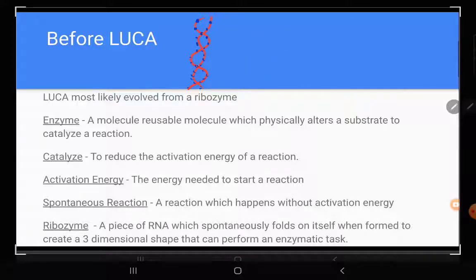These basically connect to each other in a DNA molecule. The rule goes, if there's an A on one side, it'll connect to a T, and a C will always connect to a G, and vice versa. And that is how this is formed.